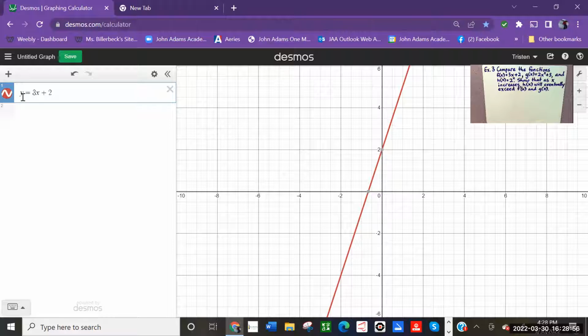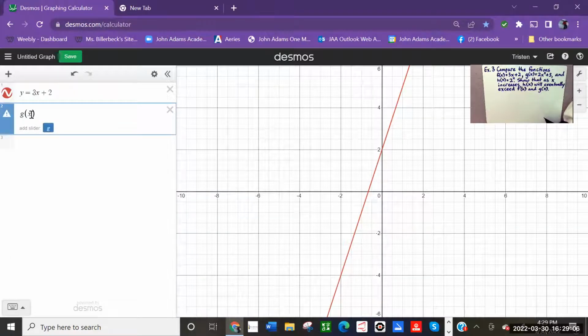So we have a line. That's our linear equation. Now let's put in g of x equals, now I should have called this f of x. So let's stick with what the book says. Whoops. I guess I better complete this before I move on to the other one.